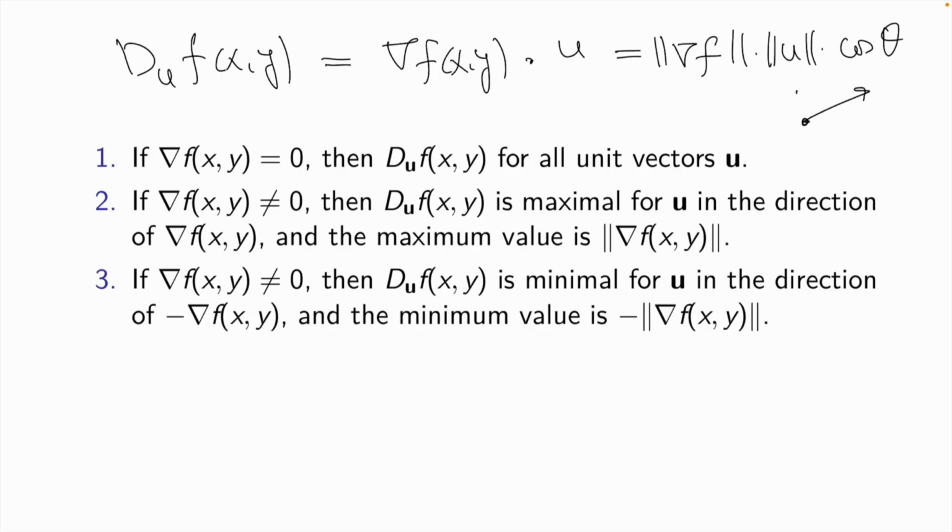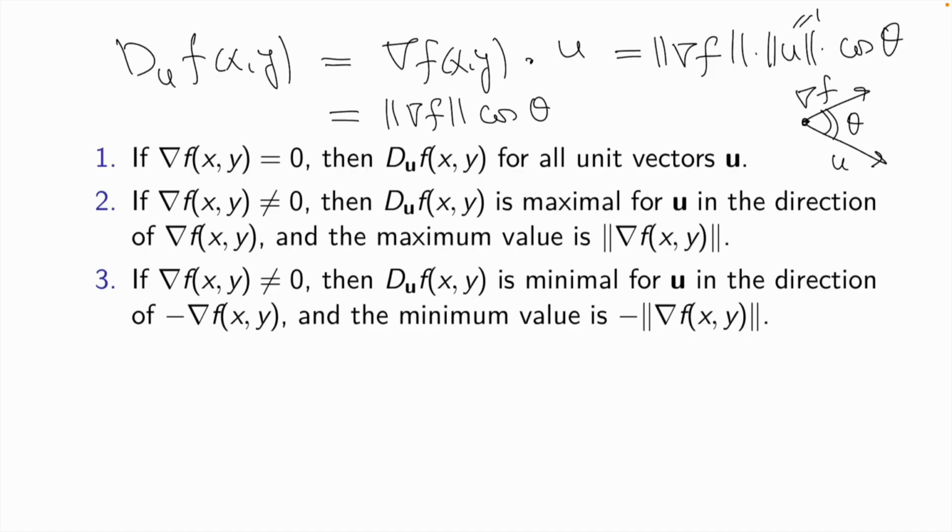I mean, if this is the gradient and this is the vector u, this is the angle that they form. But we know that u is a unit vector, so its norm is just 1. So what we have is that the directional derivative is just the norm of the gradient times the cosine of the angle that they form. And so this is just a multiplication of numbers, right?